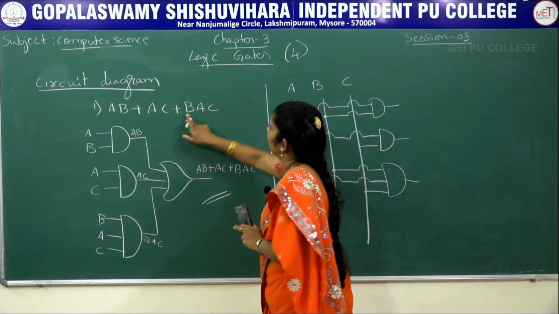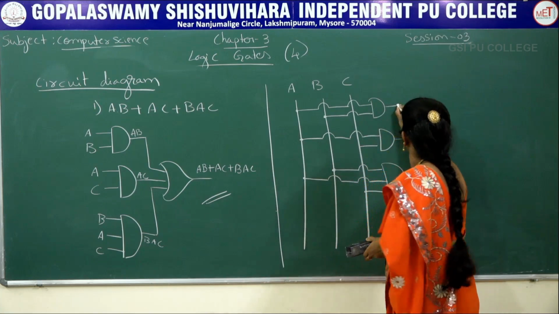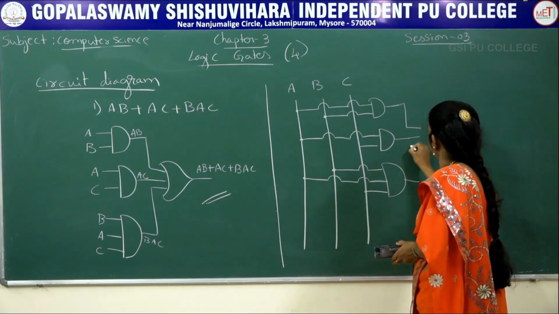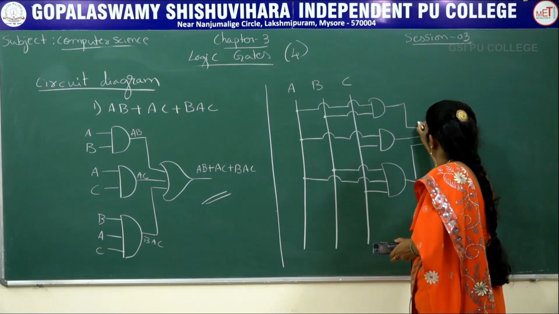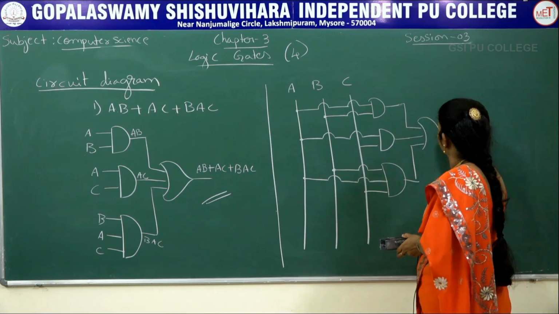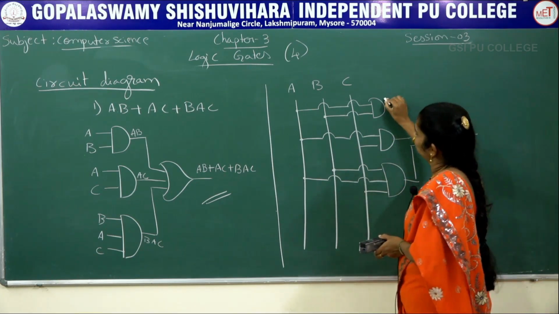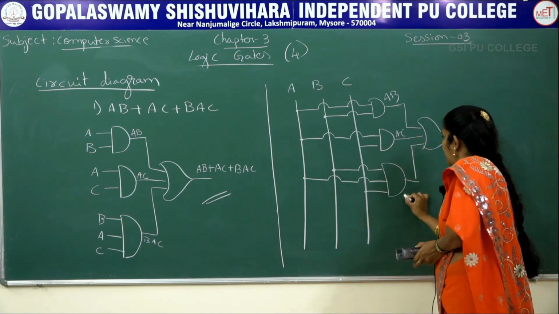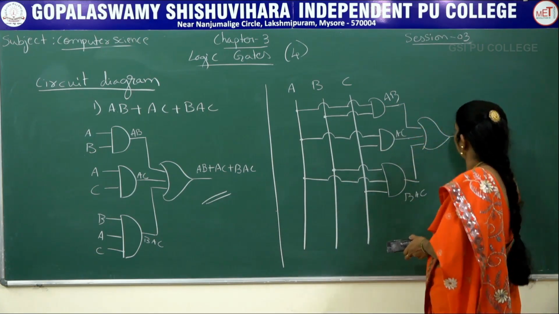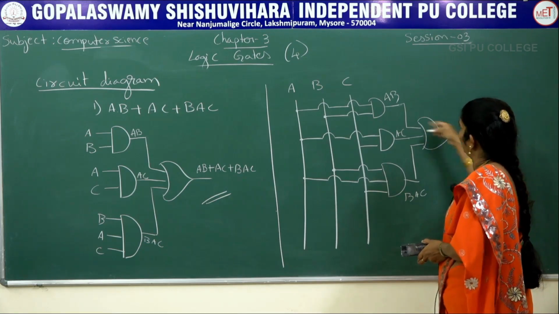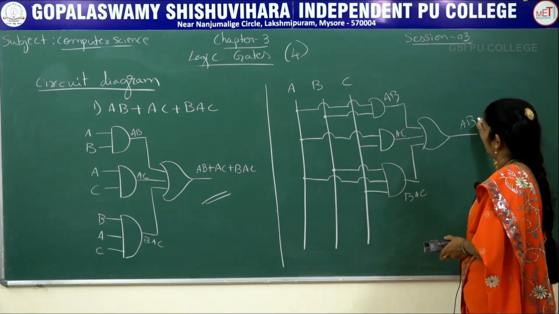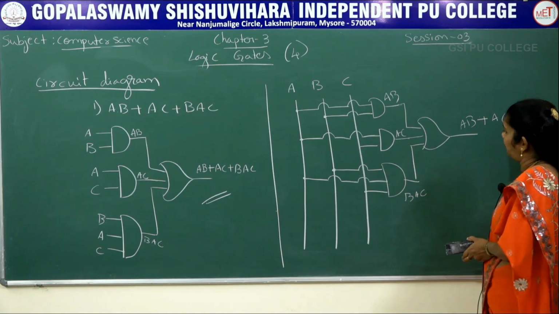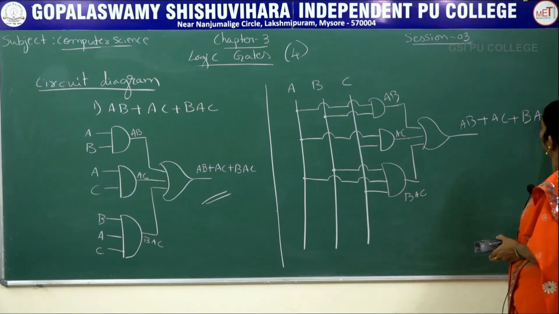Then everything is combined with a plus operator, so write a reverse C shape and connect this. Then what is the output? AB, AC and BAC. The output is AB plus AC plus BAC.